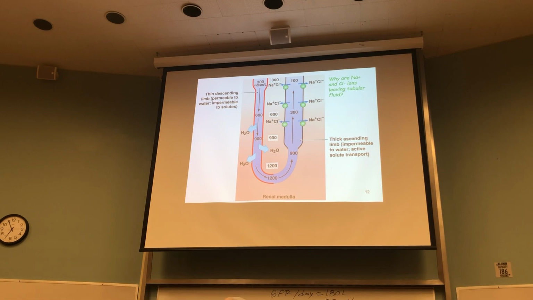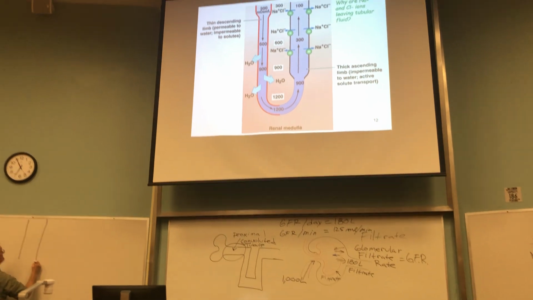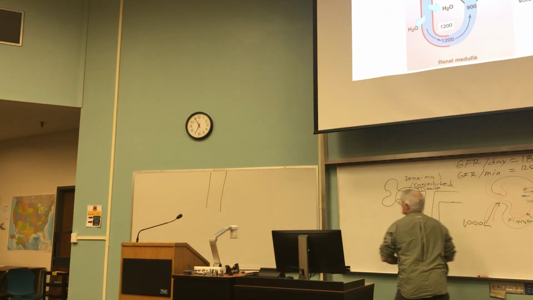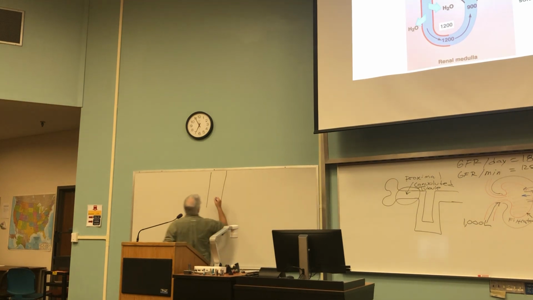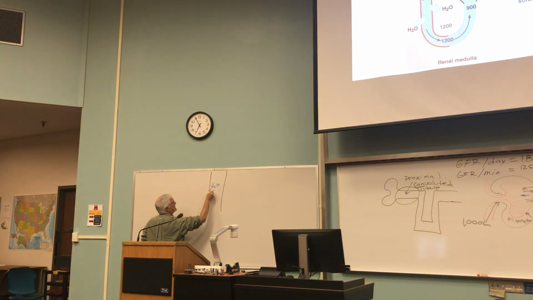Now, nobody say anything. Let's put it over here. If this is my thin descending right here, and I guess I'll use blue for water, and I've got H2O right here. And let's say right there it is also 600 milliosmoles of concentration, right where my water is.